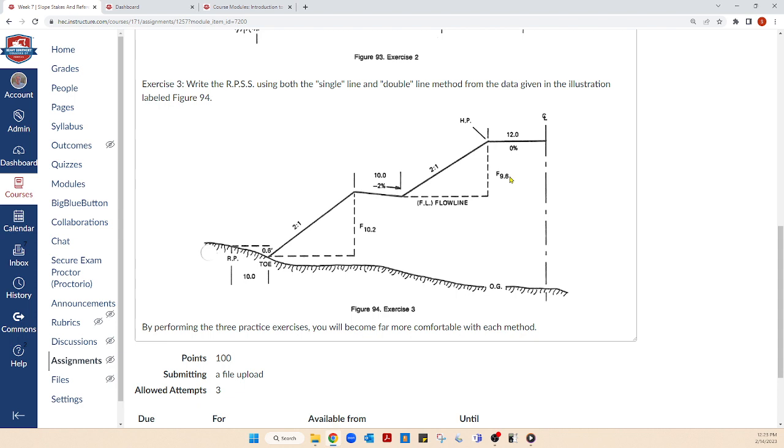So you take the first elevation, fill 10.2, minus 0.2 plus 9.6 equals 19.6. That would get you right here. And you've got to add nothing for level. That would get you to the same place.